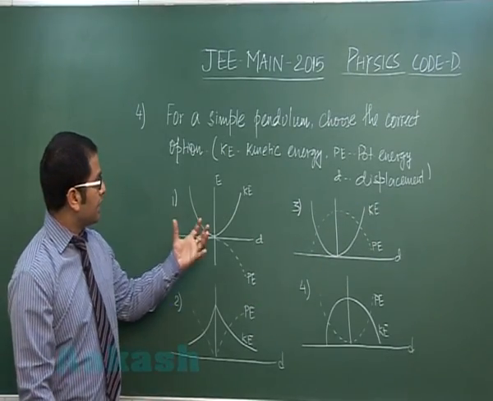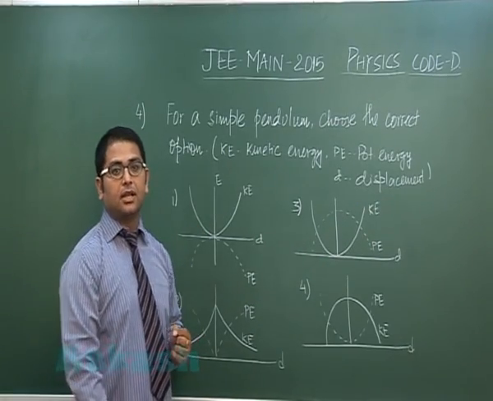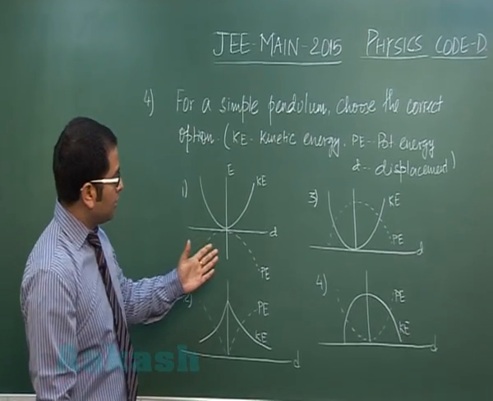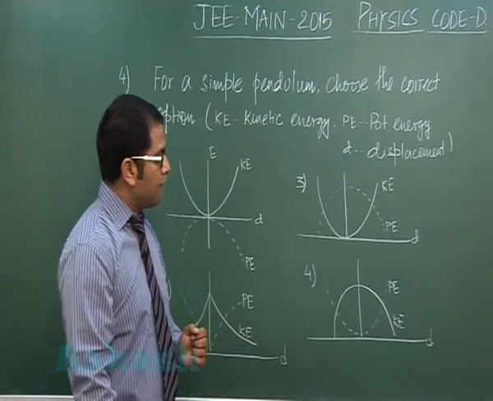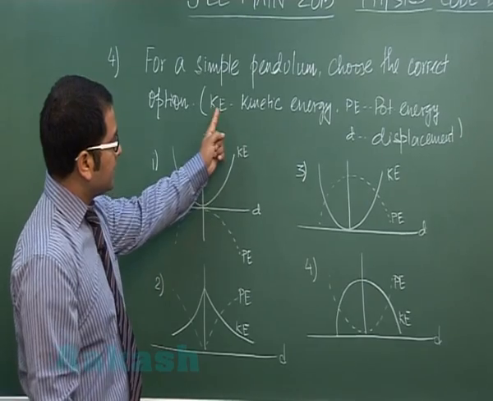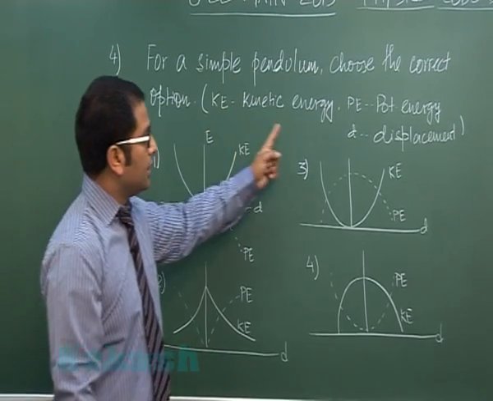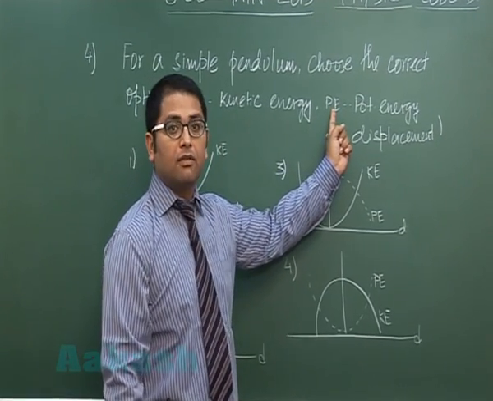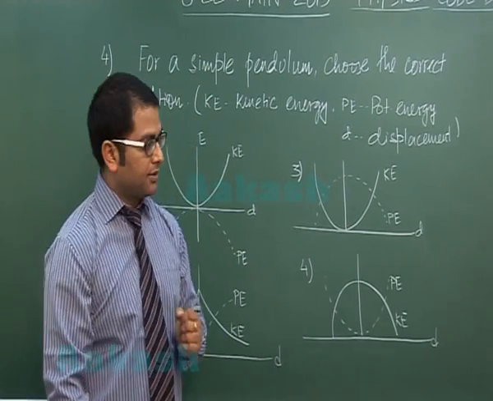Question number 4 is again pertaining to simple harmonic motion, and this time we got to choose the correct variation of kinetic energy represented by KE, potential energy PE with respect to displacement.